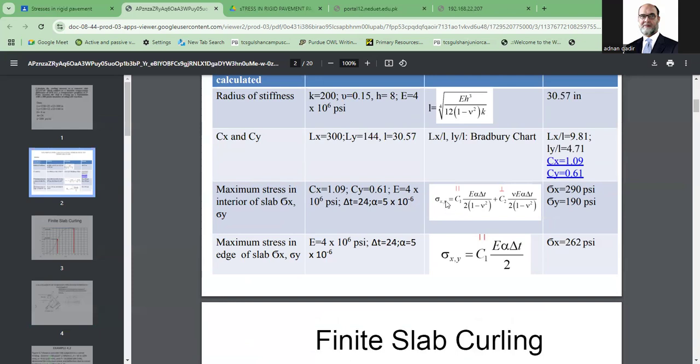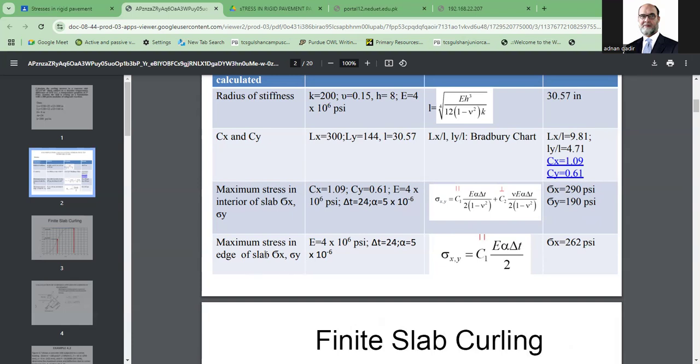For that we have to know C1 and C2, elasticity modulus, alpha, delta T, and the Poisson ratio. Cx is equal to 1.09, Cy is equal to 0.61, E is 4 million, delta T is 24, and alpha is 5 into 10 to the power minus 6. That's how we calculate sigma x and sigma y using this formula.